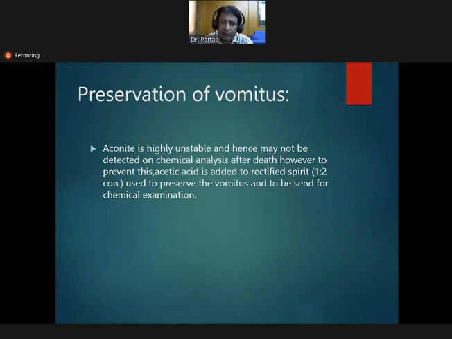Therefore it's important to preserve the initial vomitus of the patient, as it contains a large amount of the aconite glycosides. To prevent this, acetic acid is added to rectified spirit in 1:2 concentration, used to preserve the vomitus and to be sent to the chemical lab for analysis to diagnose the poison.